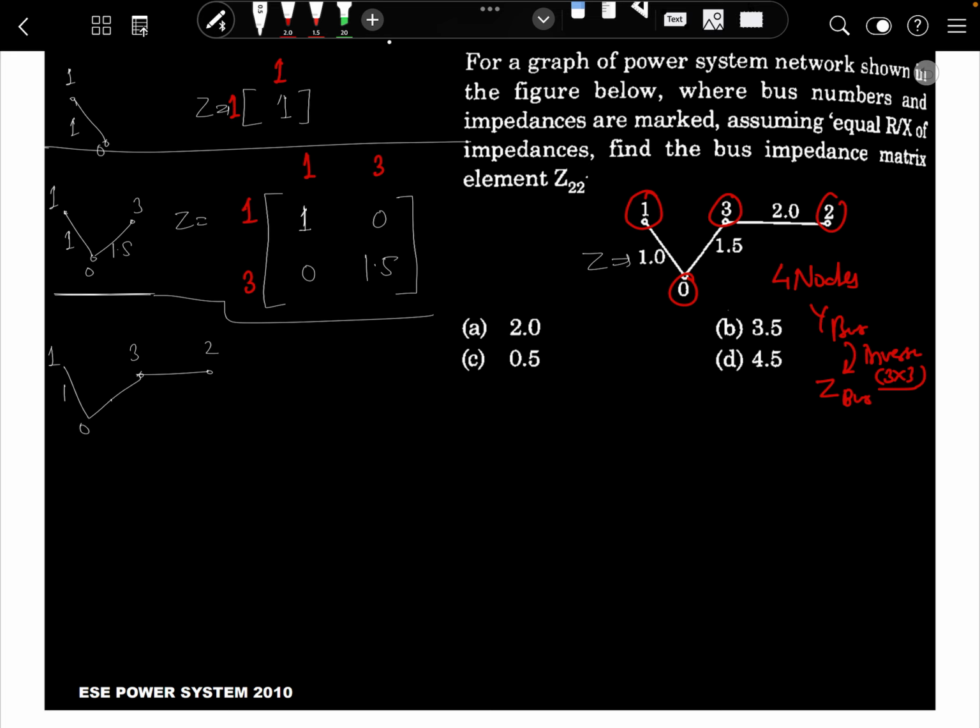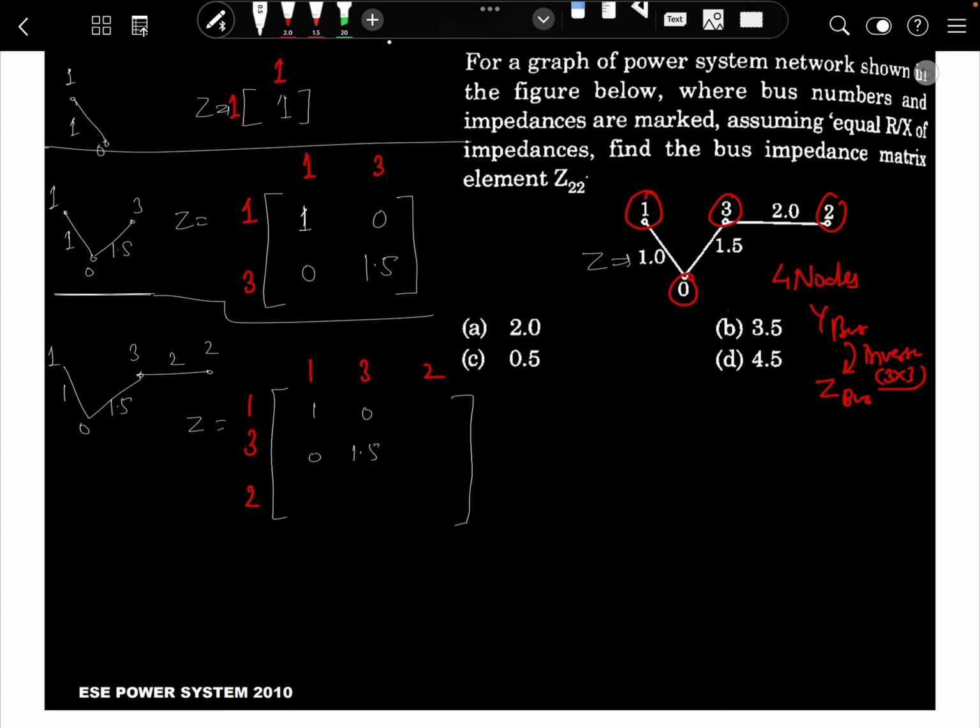Now here is 1.5 and 2. If I write the whole Z term, now I write first the value of each bus, numbers 1 3 2, 1 3 2. Now whatever values we have, write above as it is, 1 0 0 1.5.